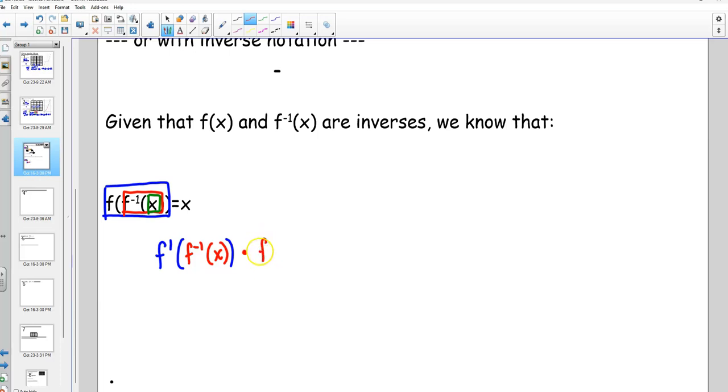Here's where your notation's kind of ugly. F inverse prime, right? You're taking the derivative of the inverse of x. If you want to multiply by the derivative of the x, it's just 1. And just like we did over here, that just equals 1 because the derivative of x is 1. So to find this, I would just divide both sides by f prime of f inverse of x.